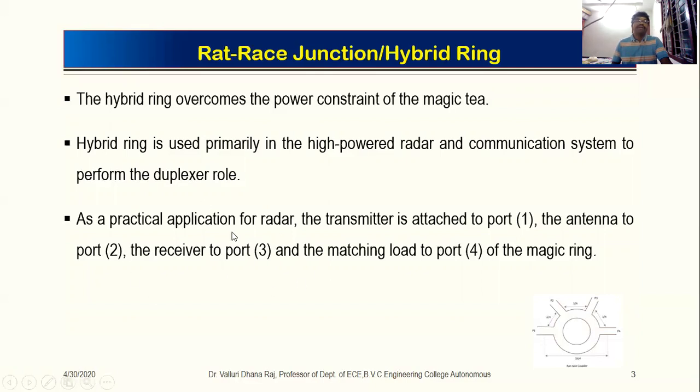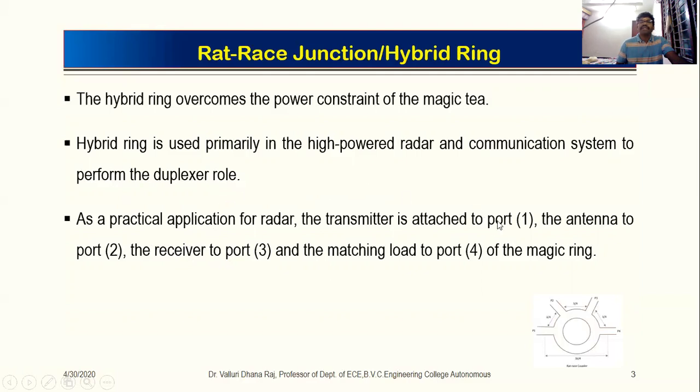That is the reason why, because of the sensitivity of the receiver, we use receiver protectors. One receiver protector is your duplexer. We can use this rat race ring also as a receiver protector. How does it work, as we have seen in the operation?